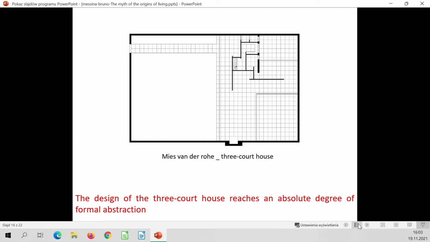The design of the Three-Court House reaches an absolute degree of formal abstraction and, as Antonio Monestiroli states, contains all the historical depth of the house, even if primary elements such as doors and windows are omitted in this project. There remains a roof and a fence, yet in this house you can recognize the whole house.